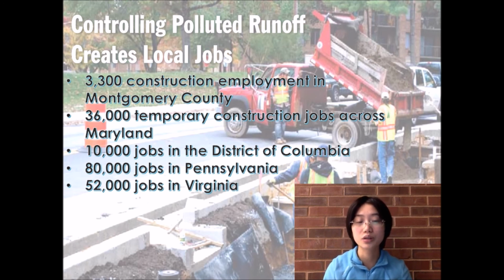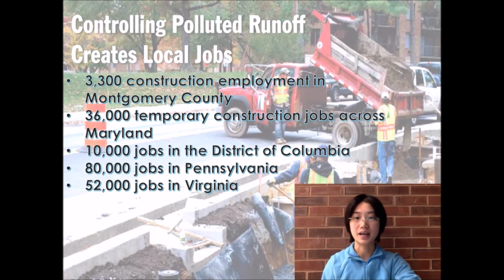And according to a report called Waterworks, stormwater control projects like Montgomery County's would create around 33 temporary construction jobs across Maryland over the next 5 years, as well as 10,000 jobs in the District of Columbia, 80,000 jobs in Pennsylvania, and 52,000 jobs in Virginia.